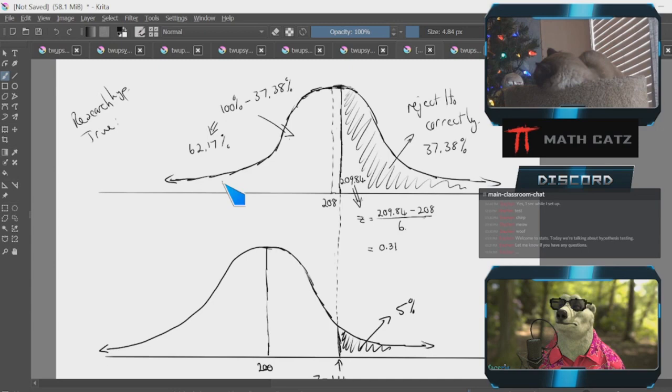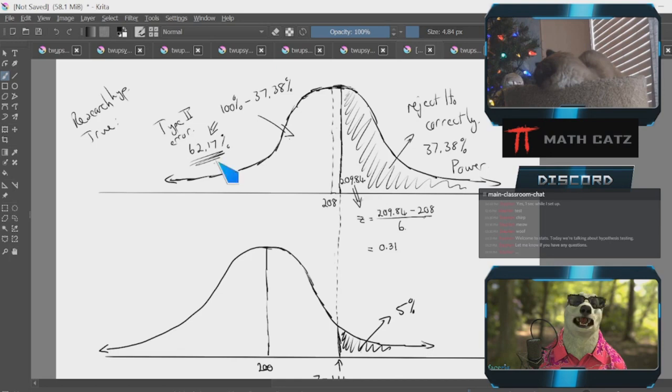The probability of correctly rejecting the null hypothesis, we'll call this the power. So power and type 2 error are just on opposite sides of this 100%. One is 100% minus the other.